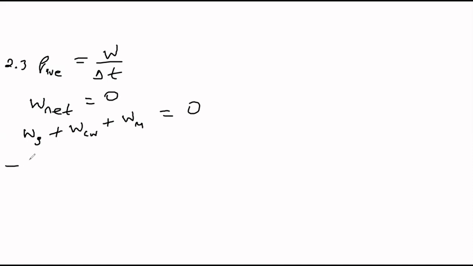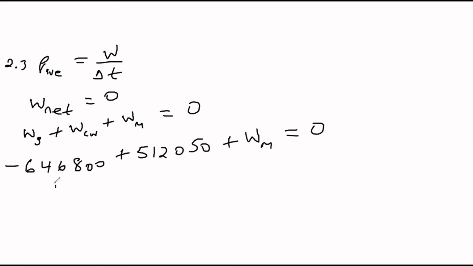The work done by gravity is negative 646,800 plus the work done by the counterweight, which is 512,050, plus the work done by the motor, which is equal to 0. We make the work done by the motor the subject of the formula, which is 134,750 joules. Then we substitute it into this equation.